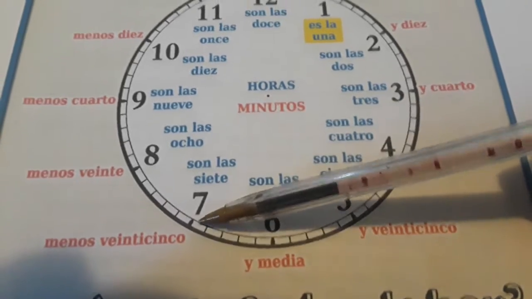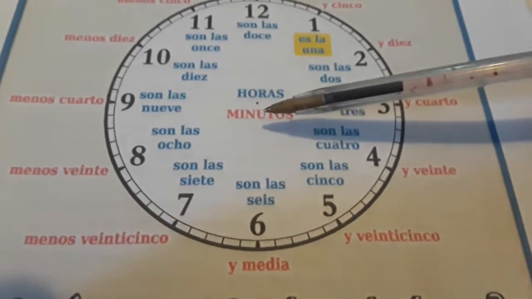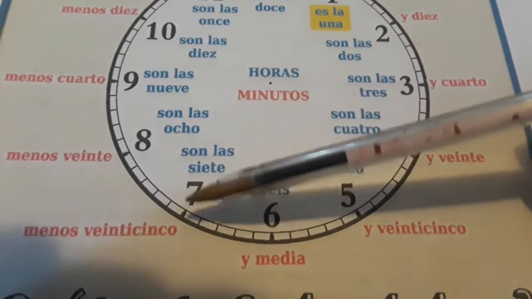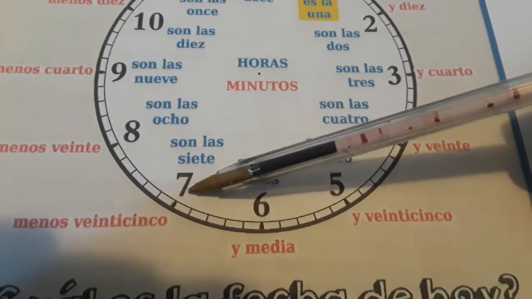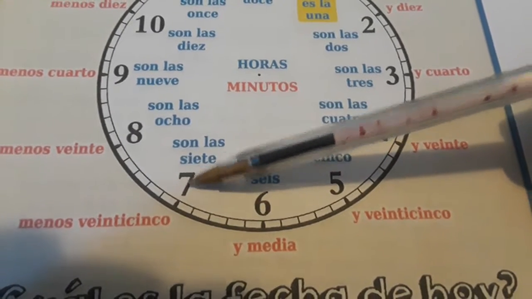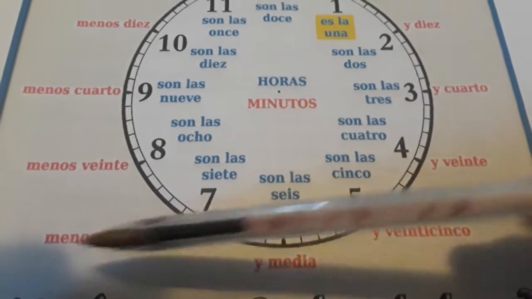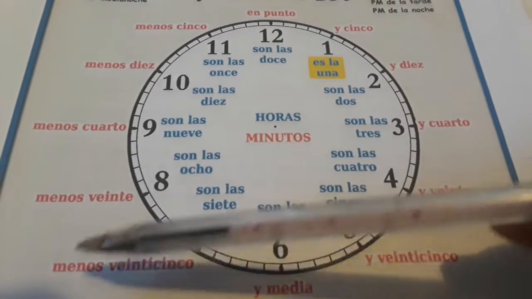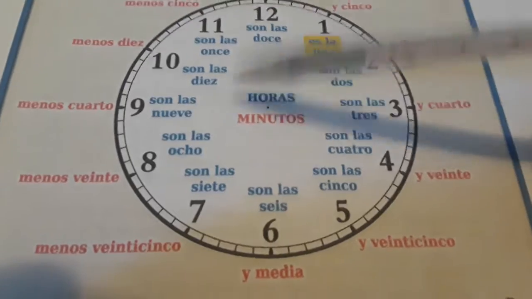Now, once it comes here, you can say one of two things. Let's say it's 1, and then the minute hand's on here. So you could say las 1:35, because that would be 35, right? But here they're trying to show you menos 25. So they're trying to tell you that it's minus 25 minutes to the next hour, okay?